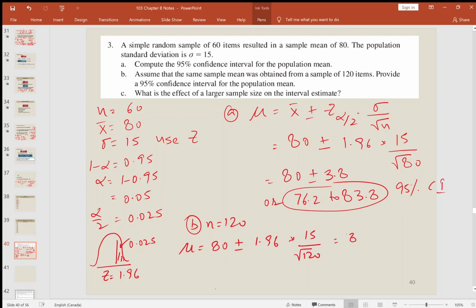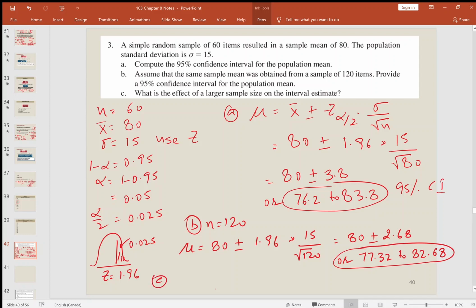So this comes to 80 plus or minus 2.68, or 77.32 to 82.68.